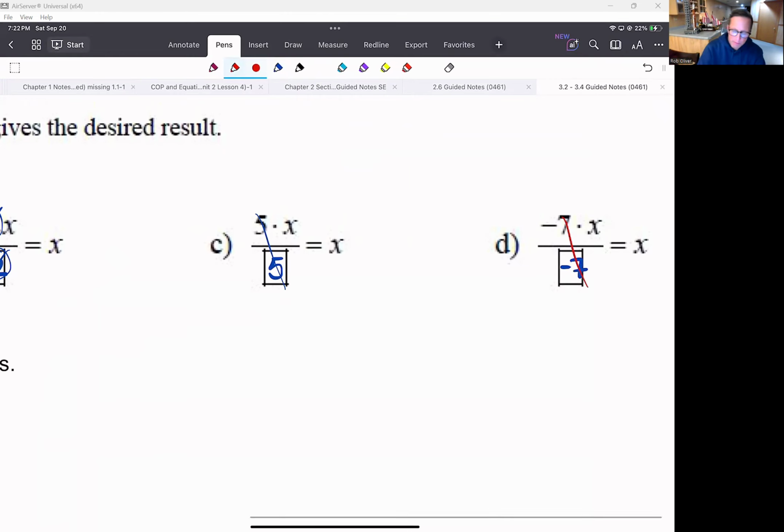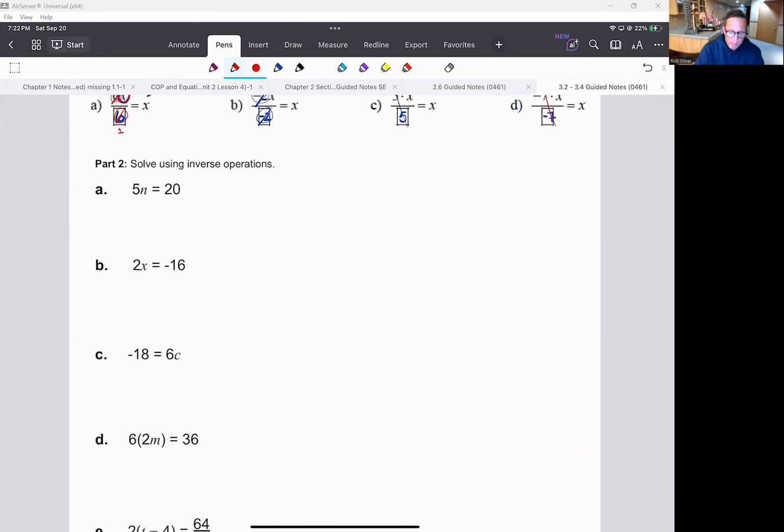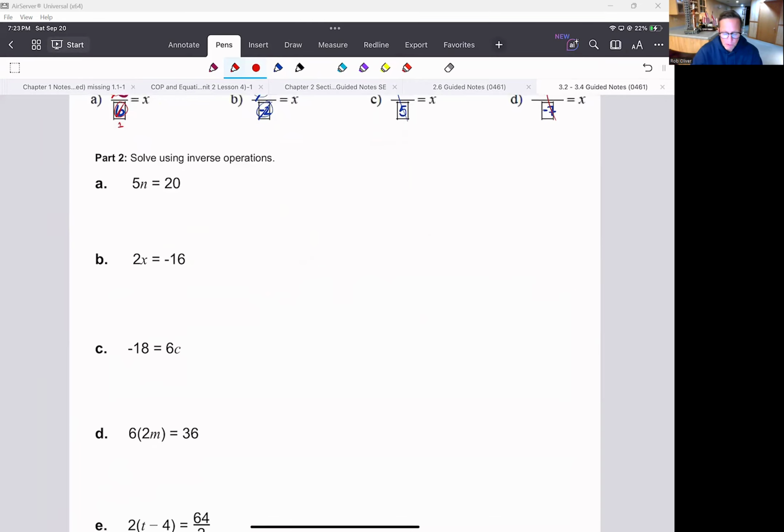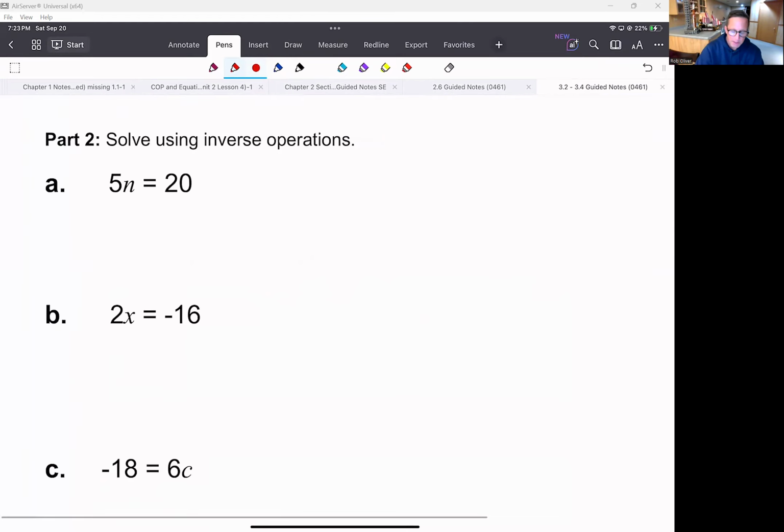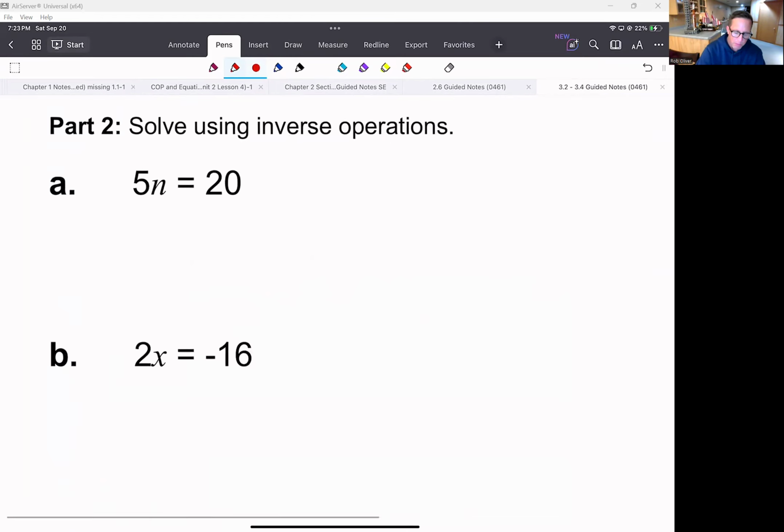Okay, so it's a pretty simple concept, isn't it? It's not that difficult. Now let's use the multiplicative inverse to solve these. You've got 5n equals 20. The multiplicative inverse of 5 is multiplying by 1/5.